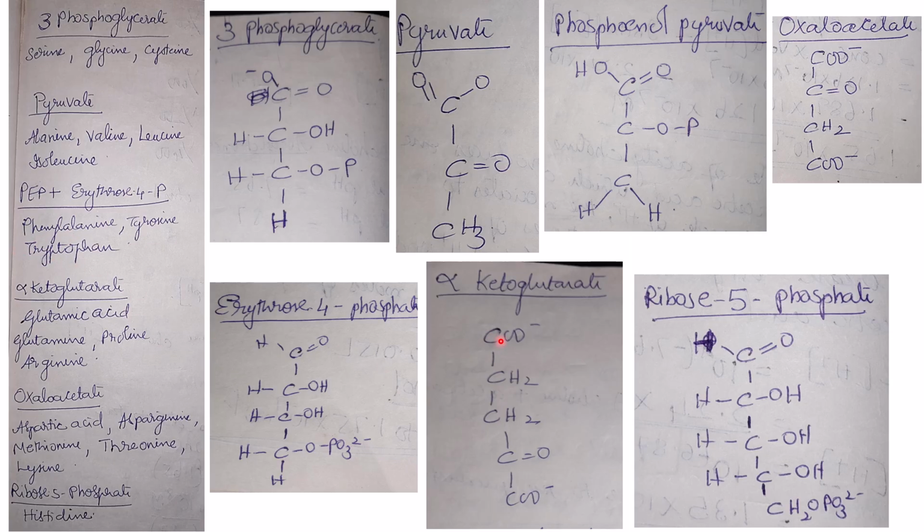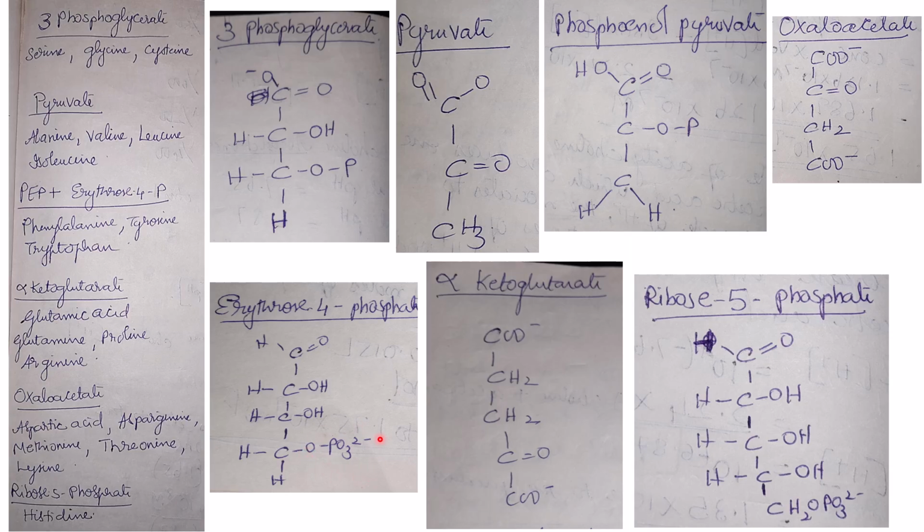Then you have alpha-ketoglutarate, a 5 carbon compound, and it is involved in glutamic acid, glutamine, proline and arginine.